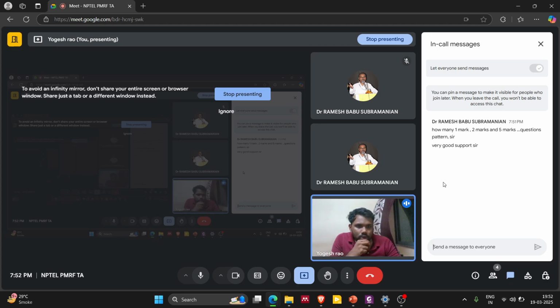On the 5 mark question patterns, Ramesh, I really don't know, because I gave the exam years back, and there was a mix of questions. I don't know what they are following now, but there is a numerical ability question, I think, which will carry more marks than an MCQ.